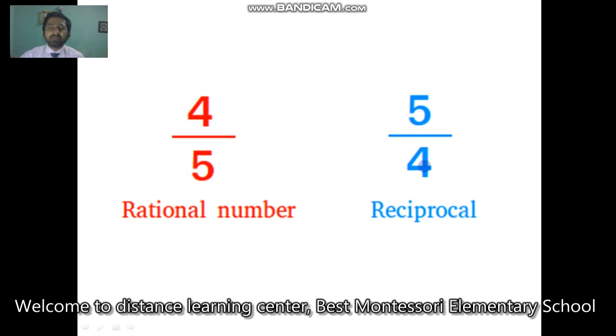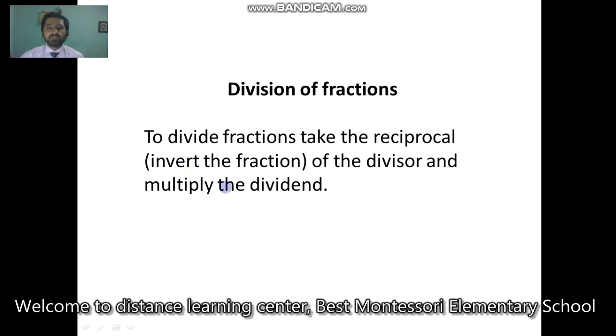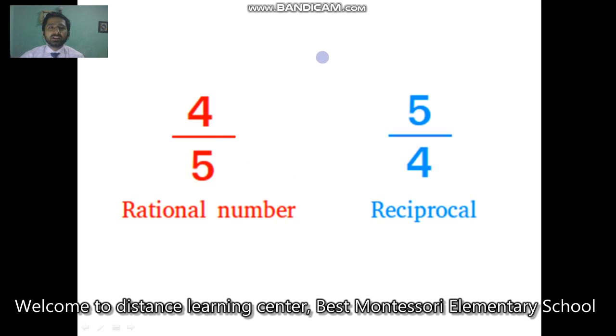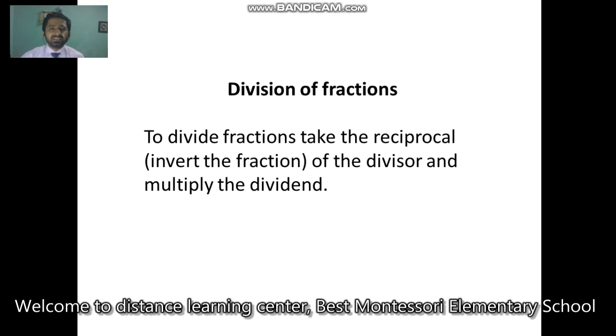That means 5 by 4 is the result. Now 5 by 4 is the reciprocal of 4 by 5. Taking another example, 1 by 2 is the reciprocal of 2. If it's 1 by 2, let's change, it will be 2 by 1, simply 2. I hope this is really helpful to find the reciprocal.